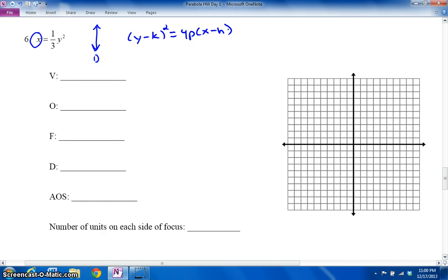Now, notice the 4p is in front of the x variable, which we have another coefficient of 1/3. And in front of the y variable, there's nothing there. So we're going to fix that with the original equation we have.